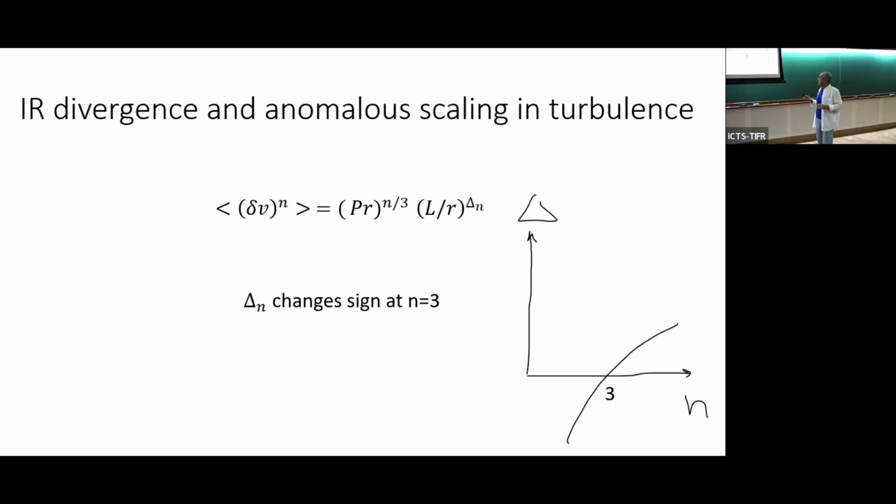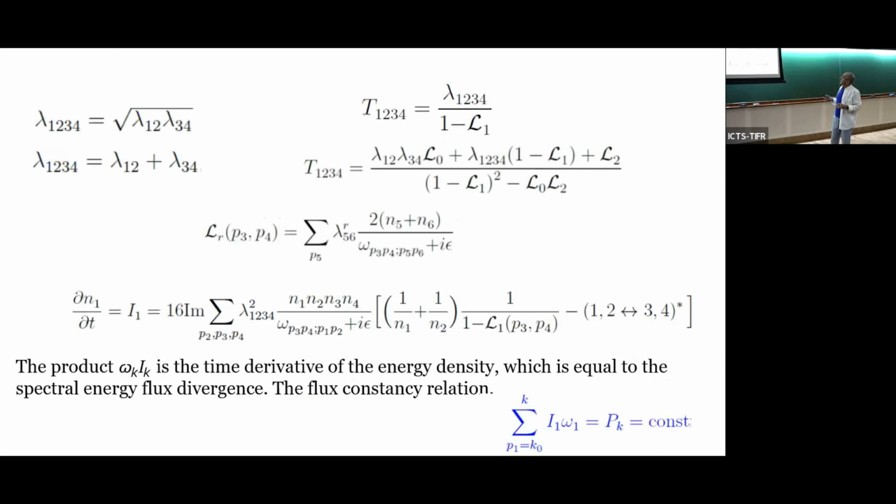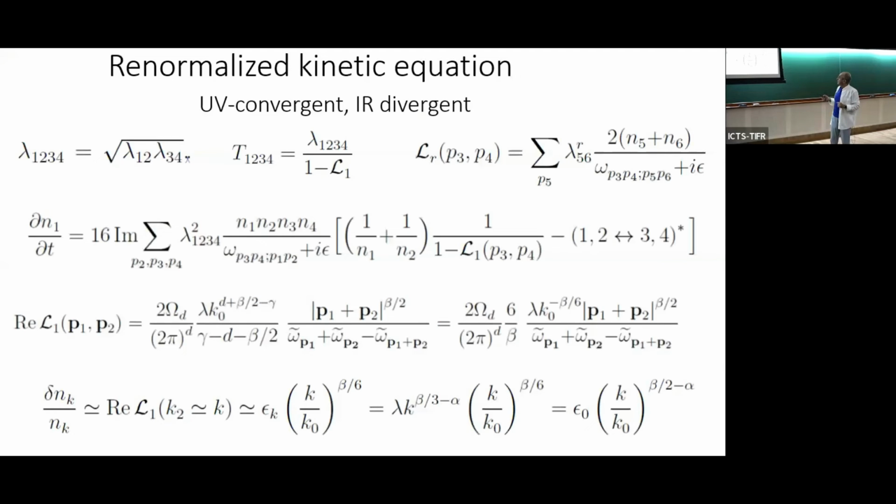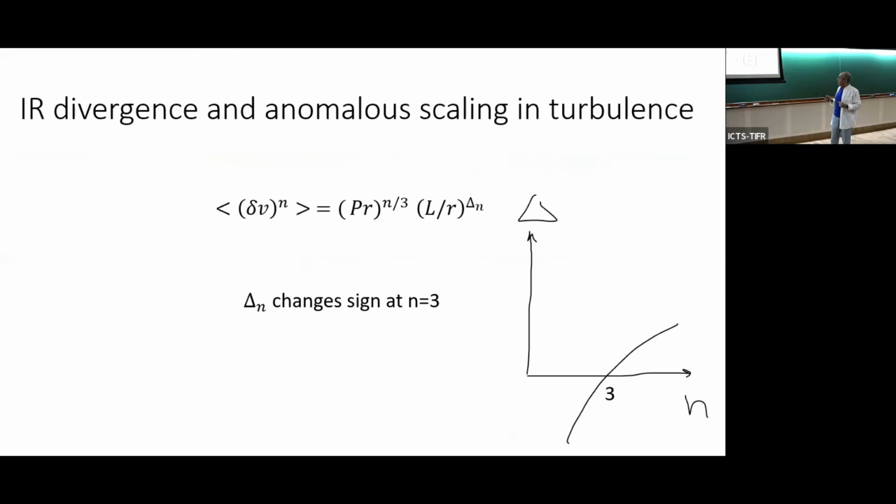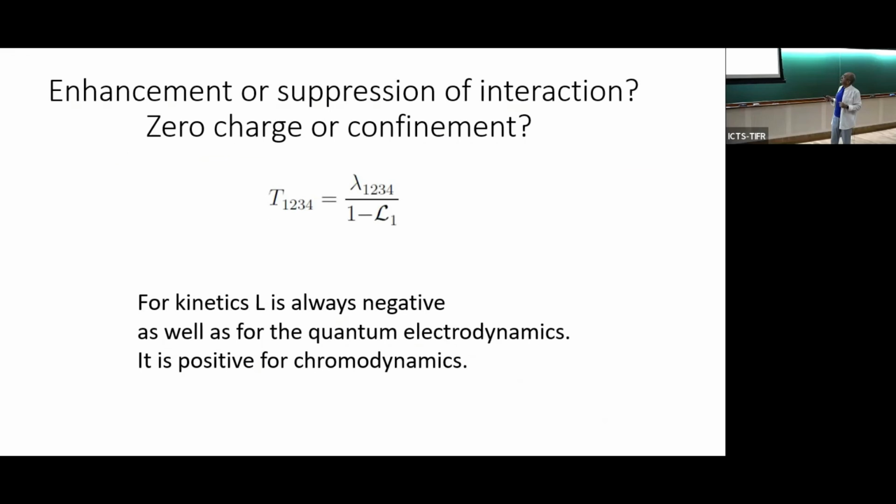I won't go there. But in our case, what we found is that our corrections give us this kind of contribution, and this contribution is given by divergences, and the most important thing is K naught over here, which enhances the interaction.